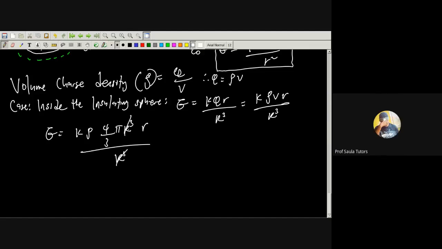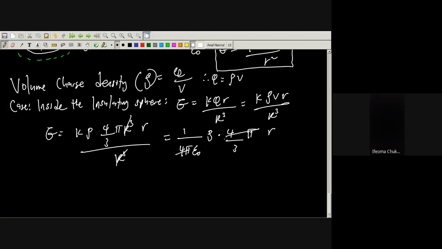So this will cancel this. My K is written as 1 over 4 pi epsilon naught, times 4 over 3 pi, then I have r. 4 pi cancels 4 pi. So therefore, my formula is rho r divided by 3 epsilon naught.